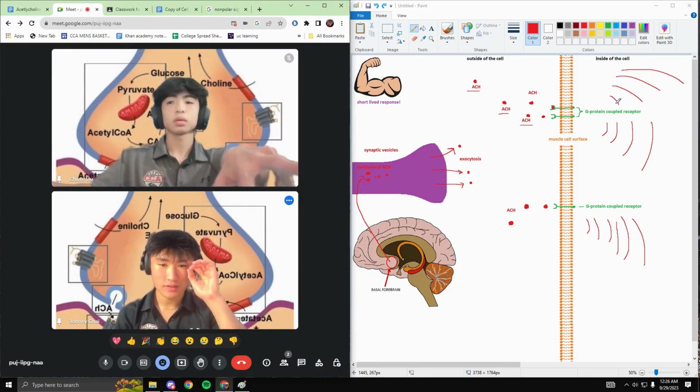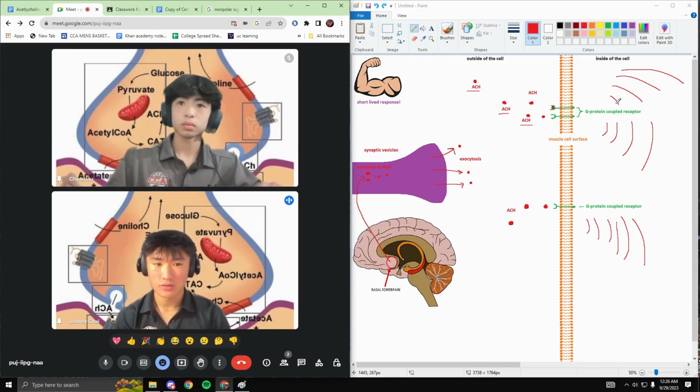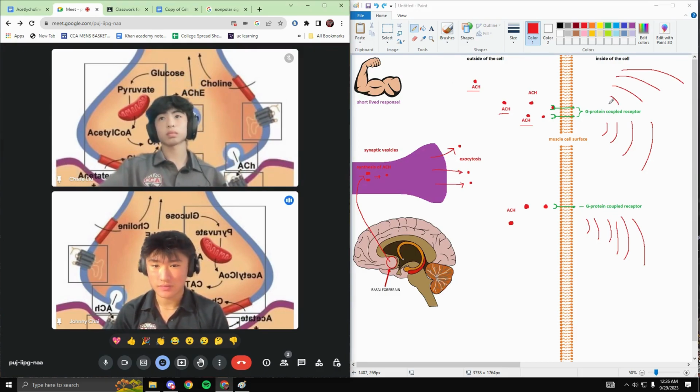And one con of this is that short-lived responses mean that they can only travel short distances compared to hydrophobic receptors, and those are basically receptors that can help elicit responses that are more longer lived but can carry throughout the body in more longer distances.